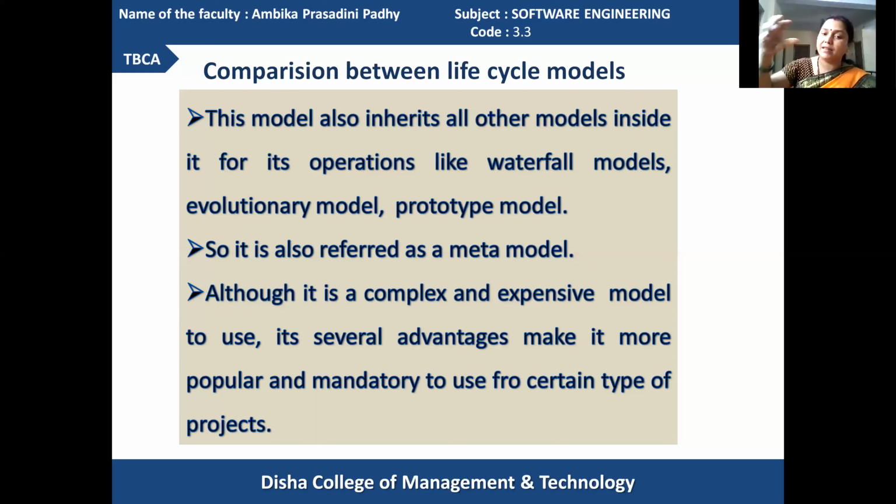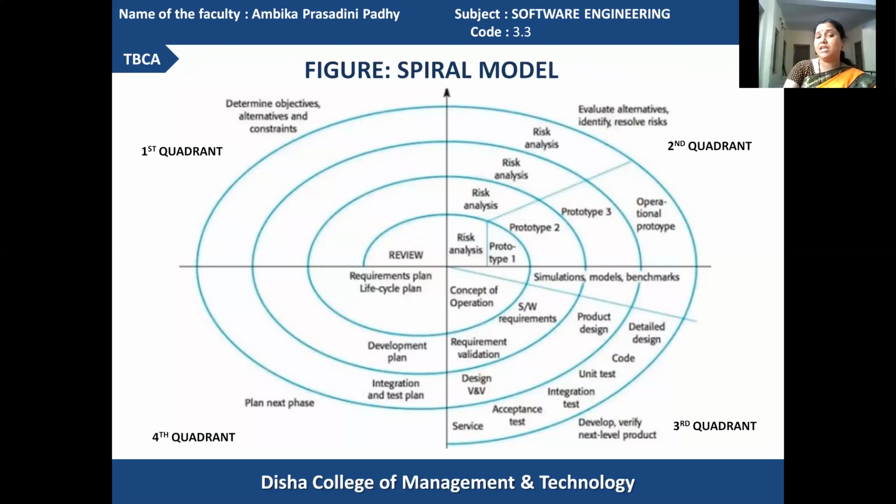And if larger risks are there, we have to use the concept of complex system handling technology, or riskier project handling techniques, or risk-driven systems to be prepared. Got it? Because of that, the spiral model is very much beneficial.